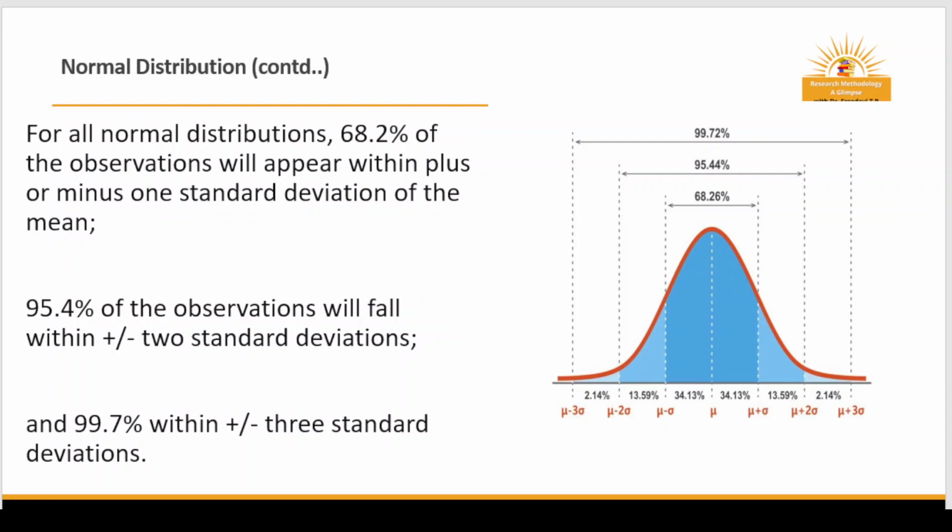The area covered under the curve is 1, and mean and standard deviation are the two values which describe the normal distribution. Mean is the location parameter, standard deviation is the scale parameter. Again, it is unimodal and mean, median and mode are equal. So it's a bilaterally symmetrical distribution with a bell-shaped curve.